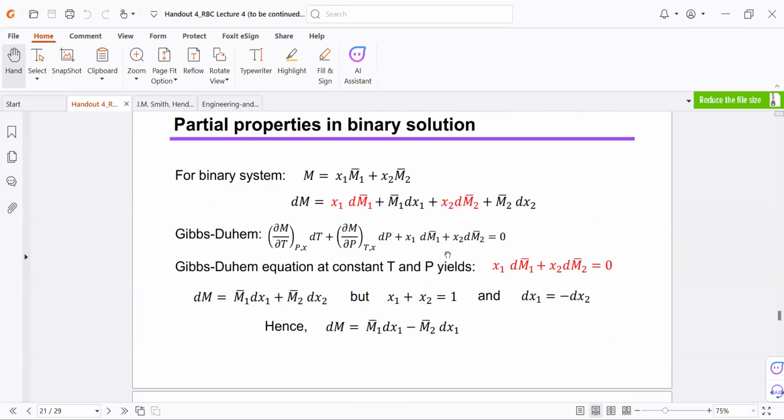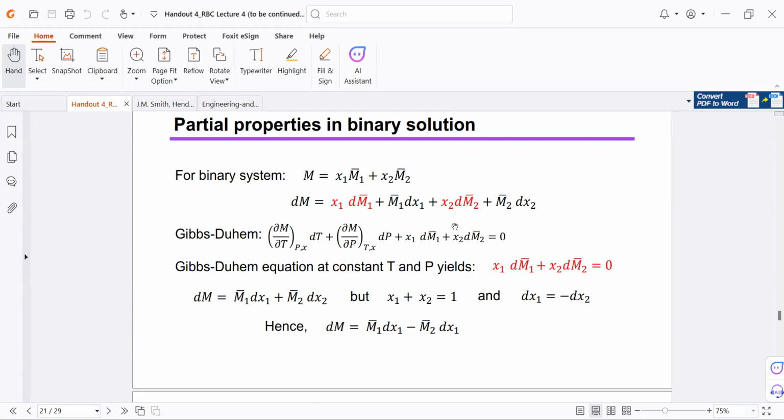We can still use the first part of this derivation. We began with the summability equation. We derive the summability equation. However, by the Gibbs-Duhem equation, we assume constant temperature and pressure, so the first two terms are 0.